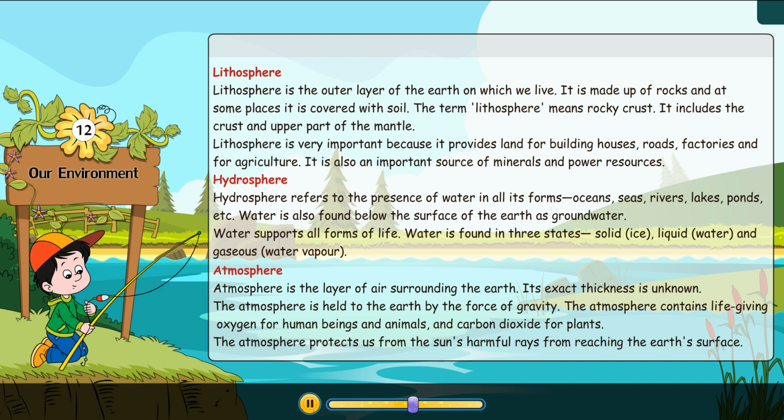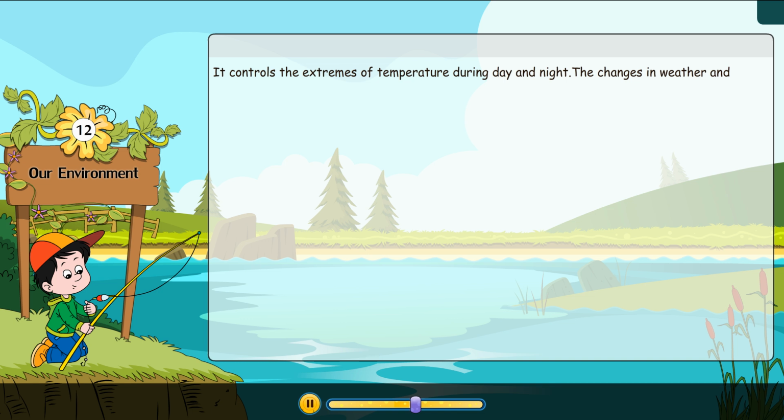The atmosphere protects us from the sun's harmful rays from reaching the earth's surface. It controls the extremes of temperature during day and night. The changes in weather and climate are also due to the presence of the atmosphere.